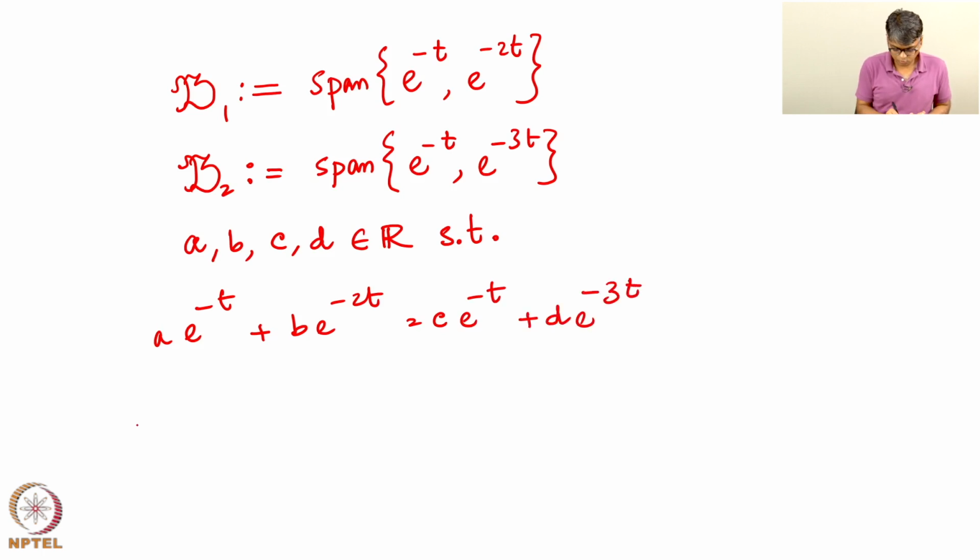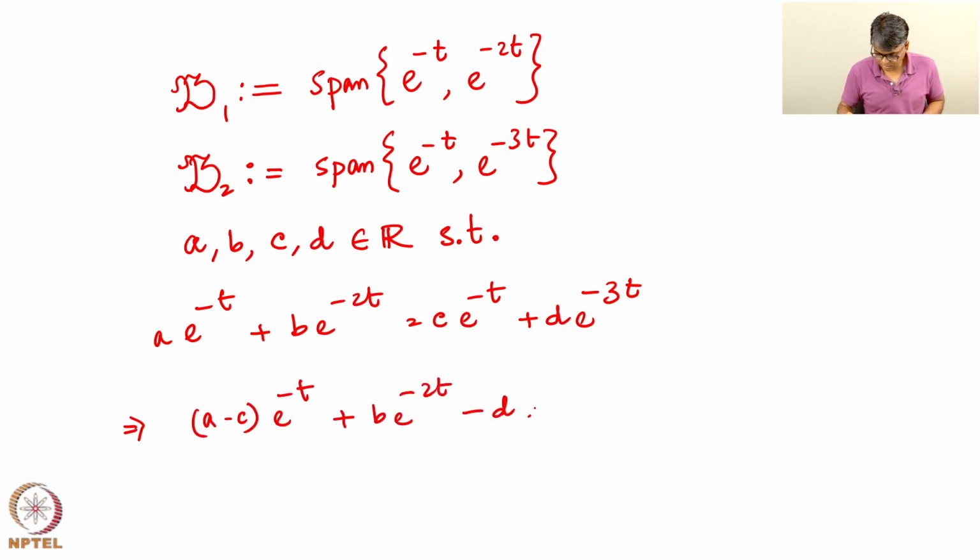Taking all of them on one side, this means (a minus c) e to the power minus t plus b e to the power minus 2t minus d e to the power minus 3t must be equal to 0. Now, this goes to you as an exercise.